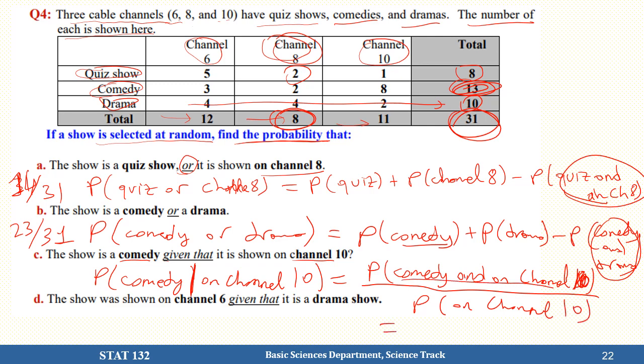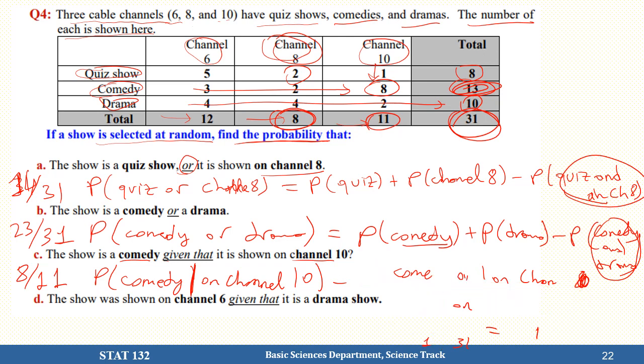So the comedy and channel 10, it's 8 over 31 divided by channel 10, which is 11 over 31, so which is 8 over 11. So this has to be 8 over 11.